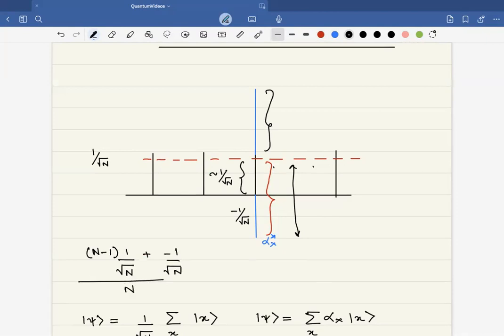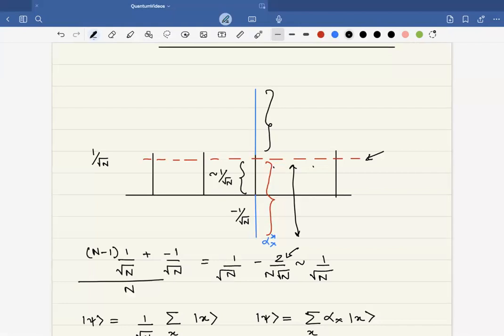So this red line over here is going to be equal to 1 over square root of n minus 2 over n square root of n, which is nearly equal to 1 over square root of n, because I can ignore this factor. So this red line is not really far from the original mean.